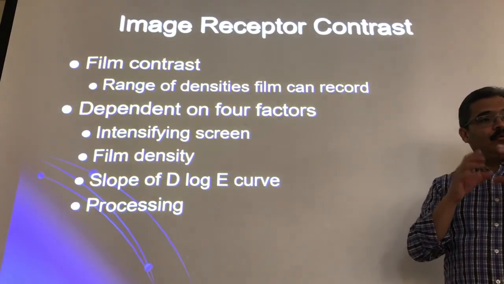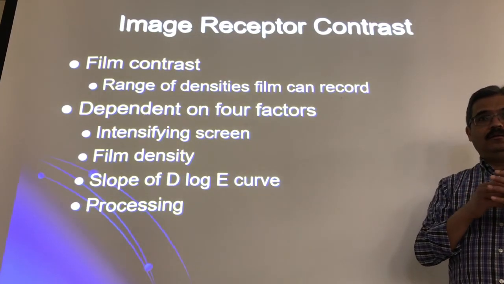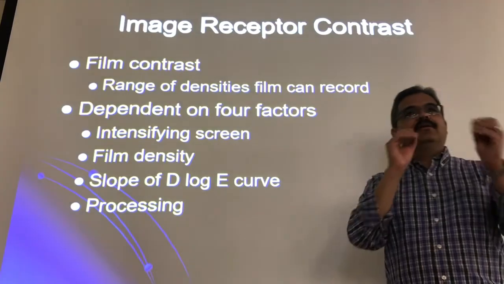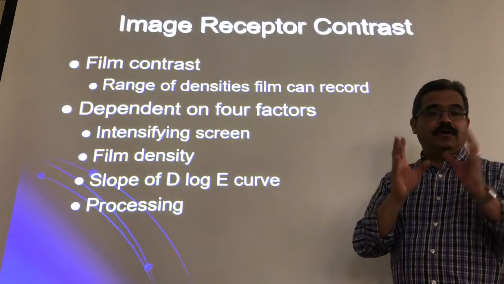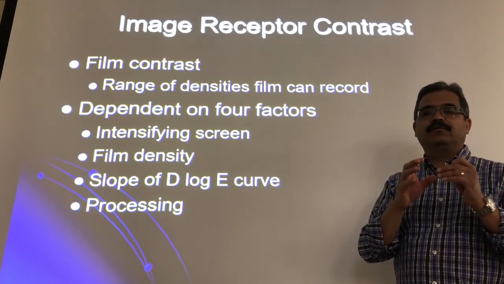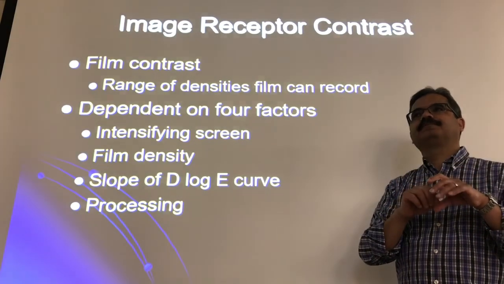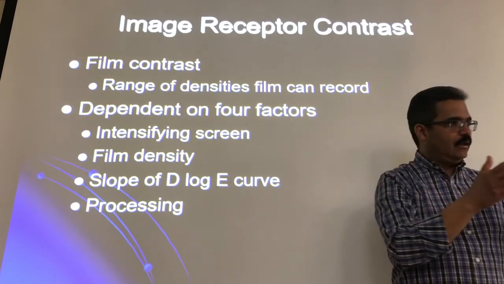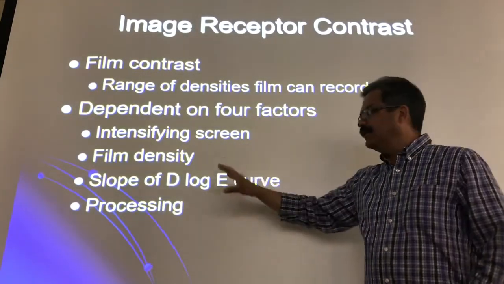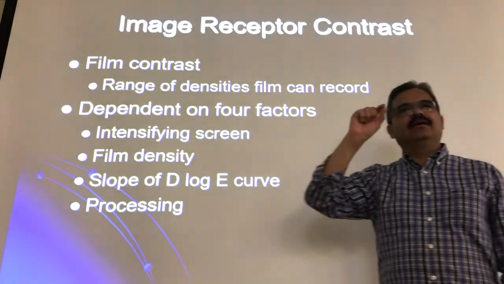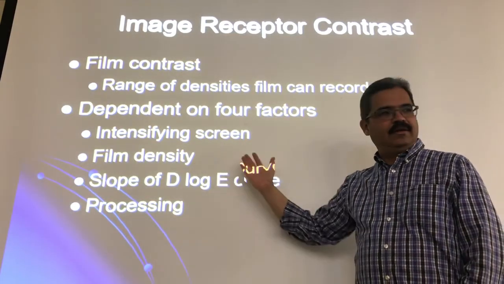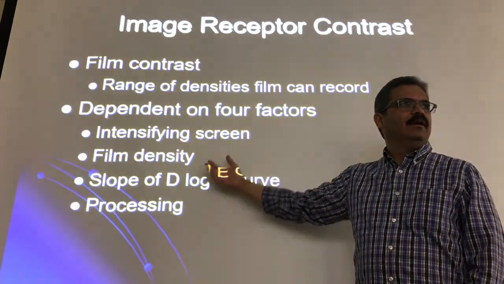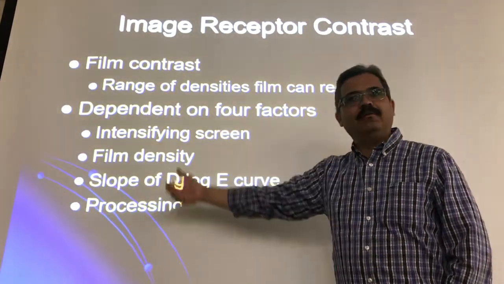The more grains you put there, depending on the type of grain, the silver halide crystals will determine the density of that image. And why do I keep talking about density when I'm talking about contrast? Because remember, the density will determine the contrast.